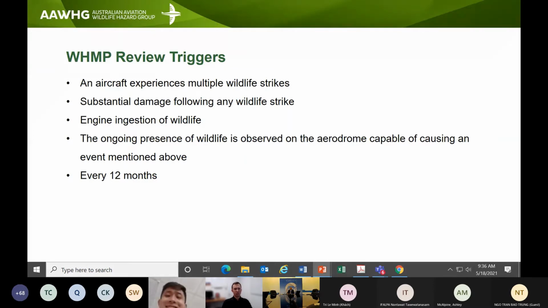If there's an ongoing presence of wildlife at the aerodrome that may cause an above mentioned event, for example, this could be a rapid increase or unusual influx of flocking or migratory birds. It could also be a new or unusual continued presence of a large bodied bird like your peacocks, pelicans, cranes and the like.